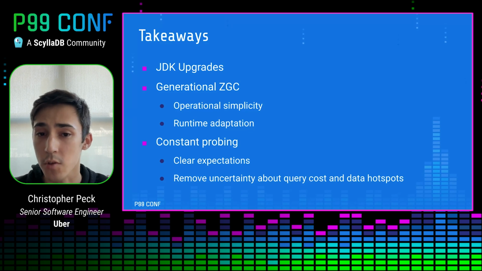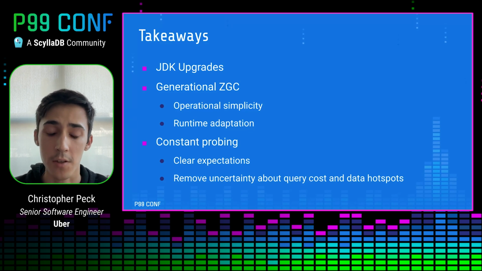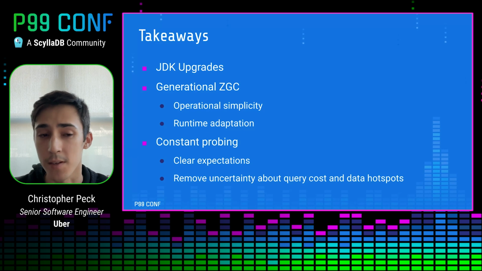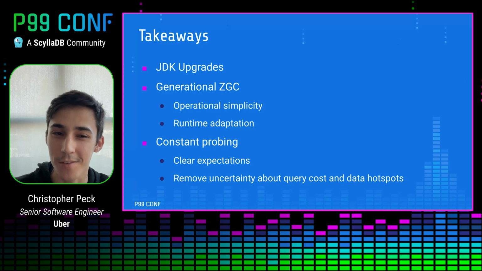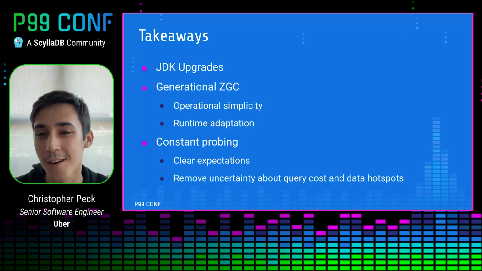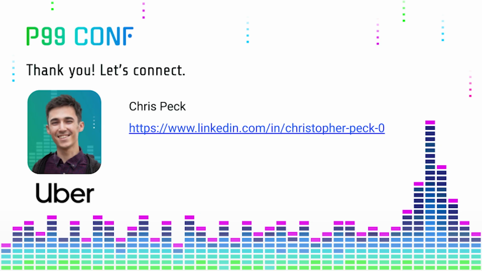So having some sort of probing where the expectations are clear and any divergence from those expectations can be seen, and then you can take action, is really important. It removes the uncertainty about whether this query is performing as it should or shouldn't, whether there is an issue here. It tells you very deterministically.